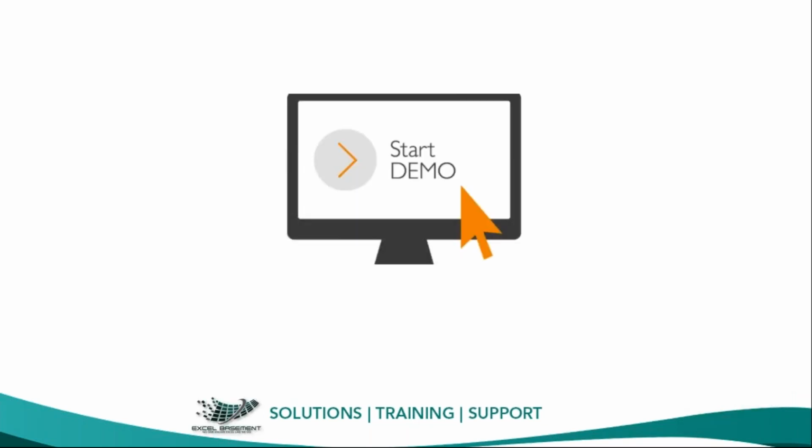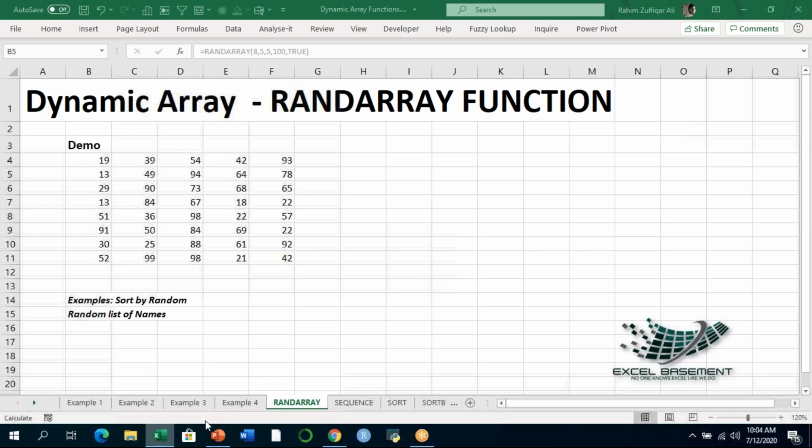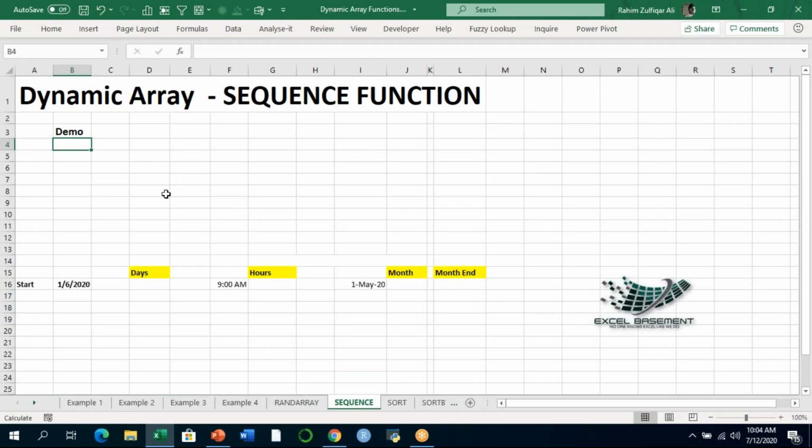Okay, so let's go quickly to the sequence function demonstration in Microsoft Excel. Here we have some interesting examples as well, so that you can understand how the sequence function can be utilized in different kinds of situations. But first, I will apply it from the very basic: equals SEQUENCE.